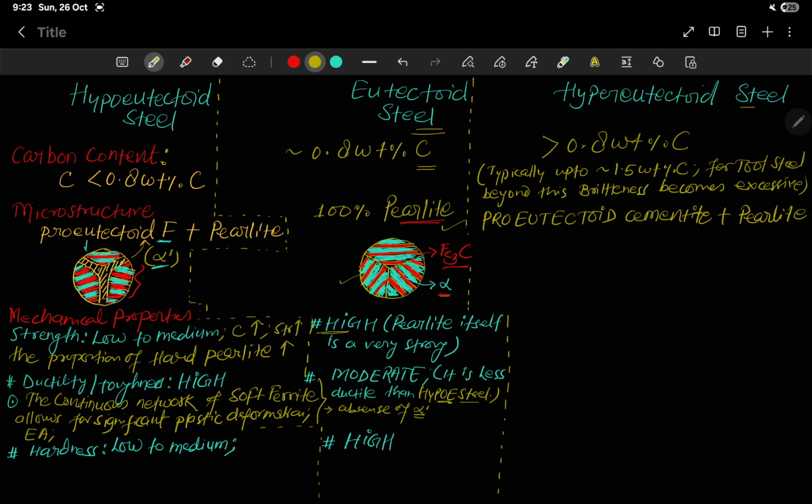Now let's see how it looks. We have already drawn it in our previous lecture, but I am drawing it again for more clarity.